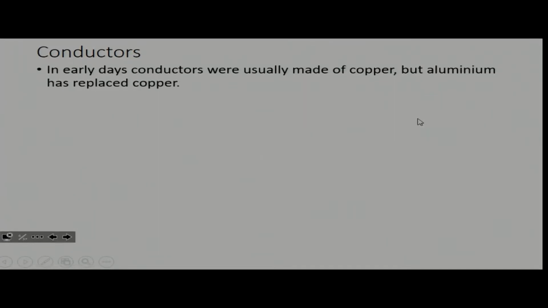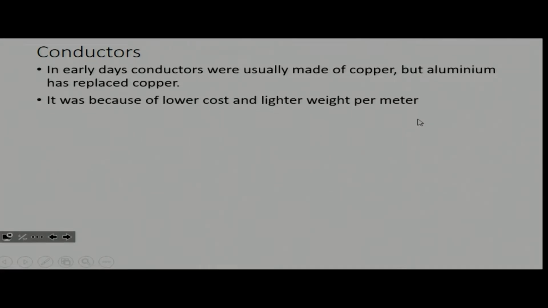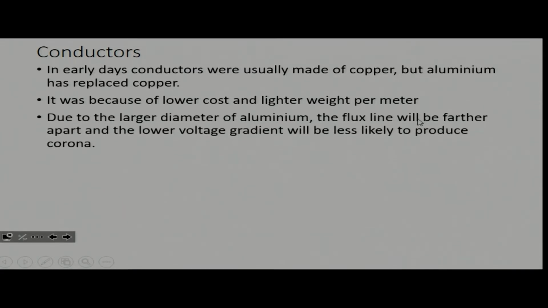In the early days, conductors were usually made of copper, but aluminium has replaced the copper due to a lower cost and lighter weight per meter. Due to the larger diameter of aluminium, the flux lines will be further apart and the lower voltage gradient will be less likely to produce corona.